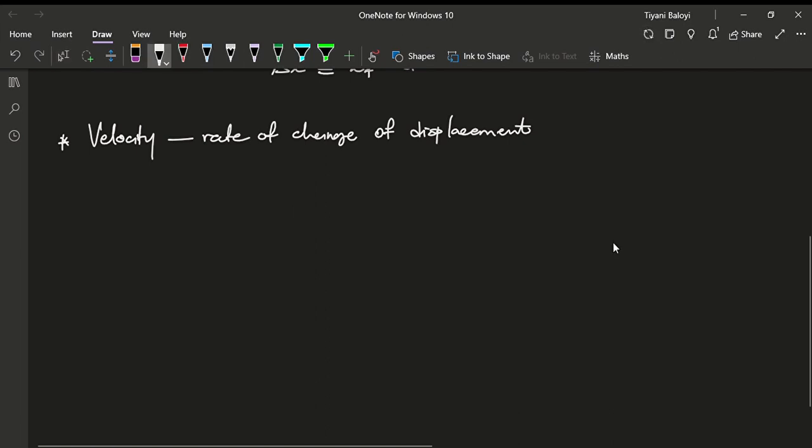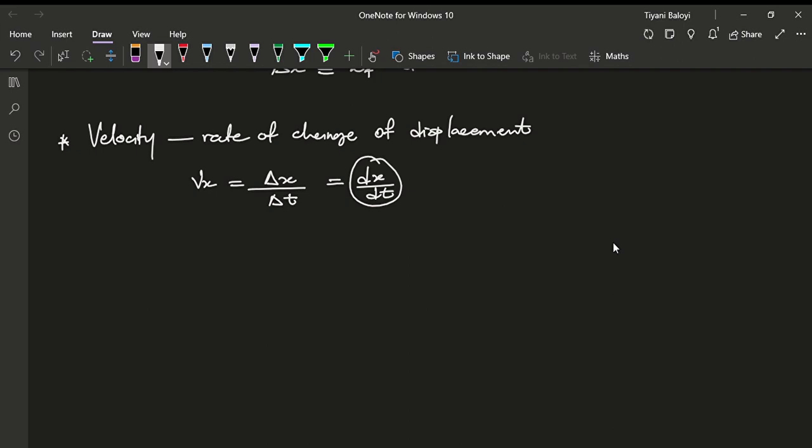So how do you write that mathematically? You write that like this: change in displacement over change in time, right? Which you can also write like the dx over the dt is the same thing. This one just represents when you're looking at very small changes, right?